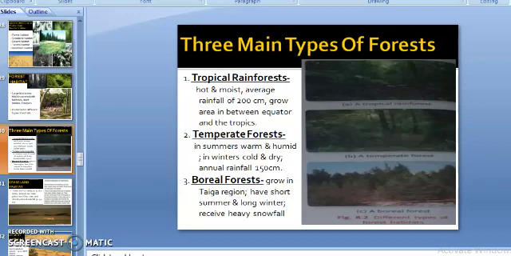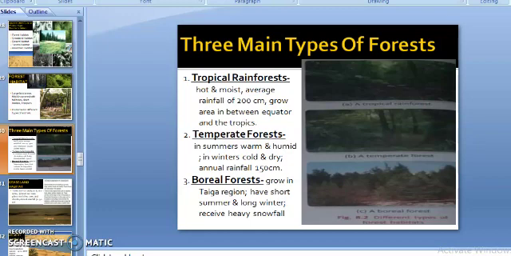Tropical rainforests are hot and moist. They get rain throughout the year with an average rainfall of 200 centimeters. They have temperatures ranging from 20 degrees Celsius to 34 degrees Celsius.